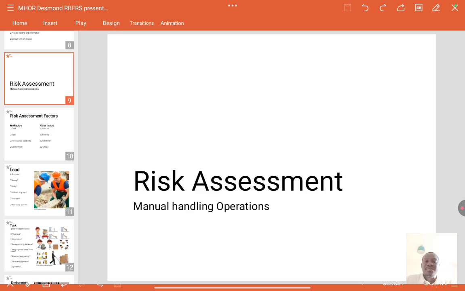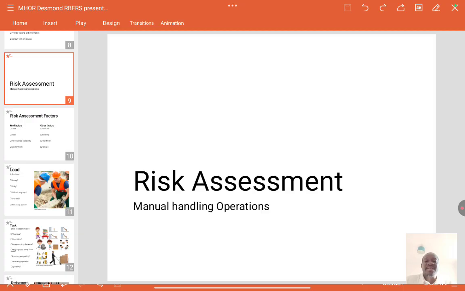Now risk assessments also need to be written down. It shouldn't just be like a toolbox assessment or toolbox talk. It should be written down where employees can refer to it so that they can follow it in every work that they are doing.